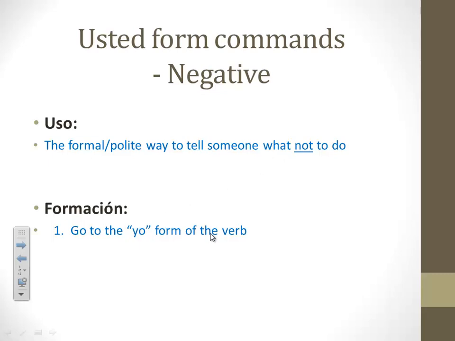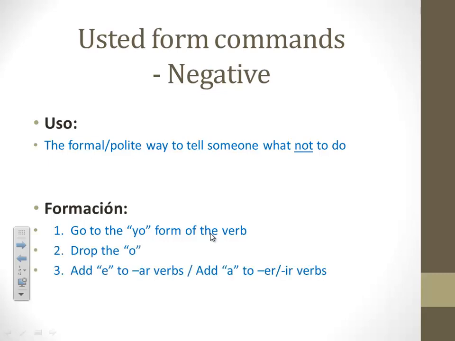So you go to the yo form, present tense, you drop the o, you add the opposite usted form ending, so that's adding an e to an AR verb, adding an a to an ER-IR verb, and then the only difference between the affirmative and the negative usted command is that you put a no in front if you're telling them to not do something. So if you were telling me, señora, don't talk, no hable. Señora, don't eat, no coma.